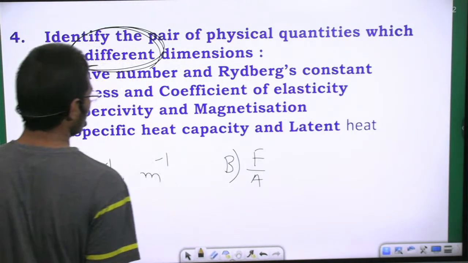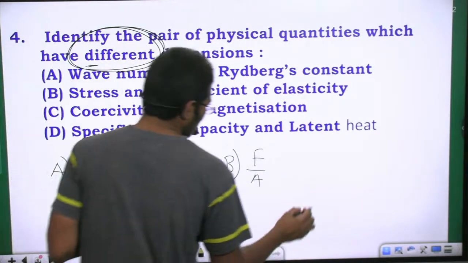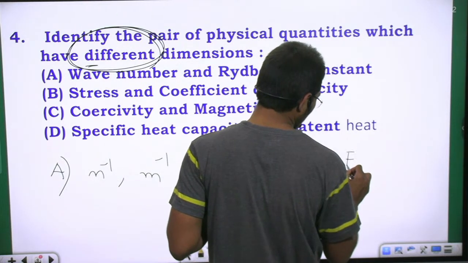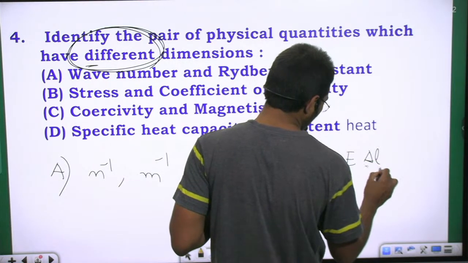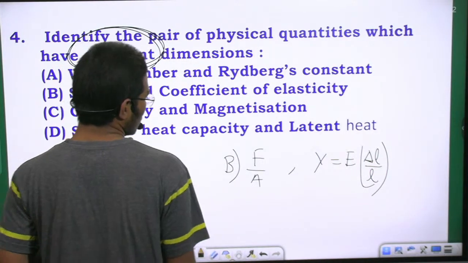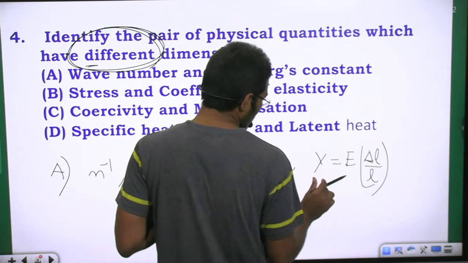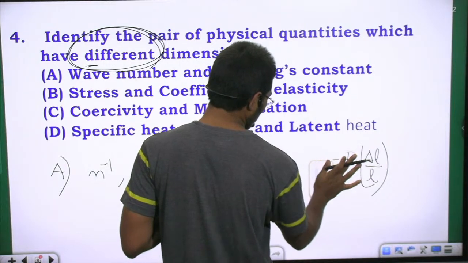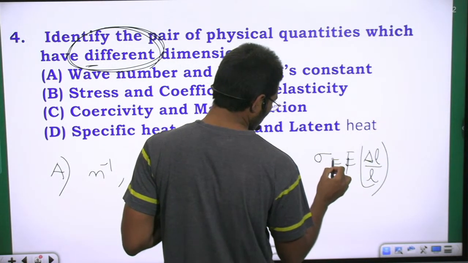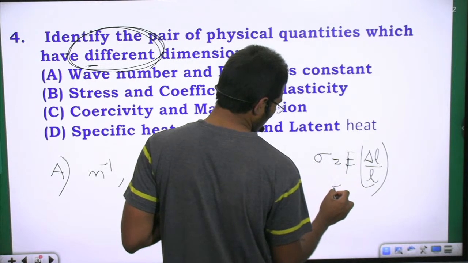What is the coefficient of elasticity? See, where do we get the coefficient of elasticity? Y is equal to stress by strain, right? So stress is equal to Y times strain. You can write it either way.